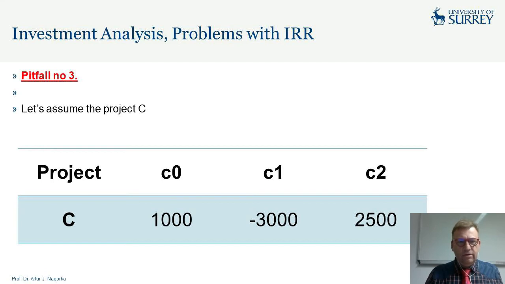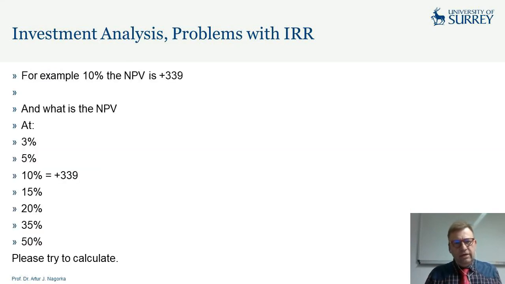And now we continue, because I would like you to calculate the NPV. Please try to calculate the NPV. We could use a number of different percentages, these interest rates, because, for example, at 10% it is 339. But what is it at 3, 5, 15, 20, 35, and 50? Could you please calculate? This is a very interesting subject.